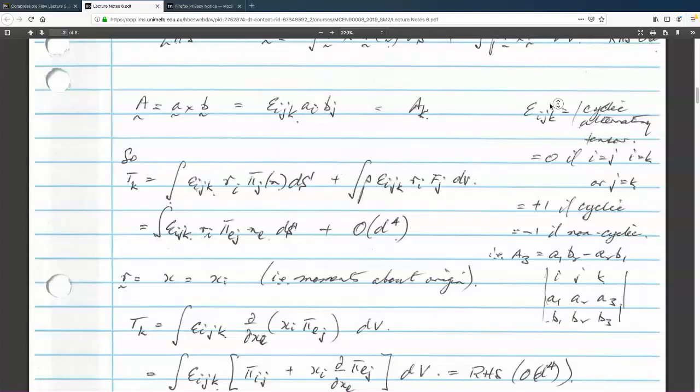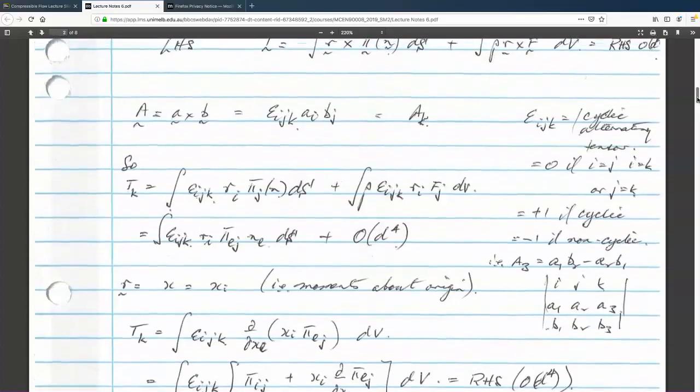Well, if you just do what you normally do to work out a matrix, the kth component is A1 B2 minus A2 B1. And if you put them all in, you can see that that's correct. So the reason for doing that is that I want to replace those R cross F's by epsilon ijk a_i b_j.